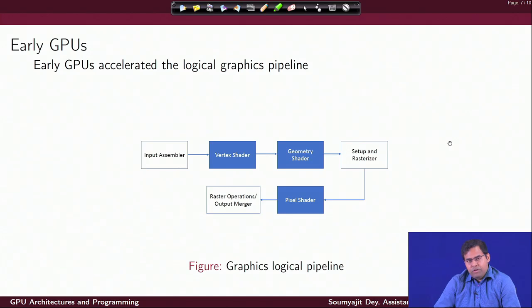We have the input assembler followed by the vertex shader block, followed by the geometry shader block, setup and rasterizer, and then the pixel shader and raster operations, or in some places it is also known as output merger. These are the well defined significant components of the graphics pipeline, which together provide a standard pipeline through which computer graphics is usually rendered.